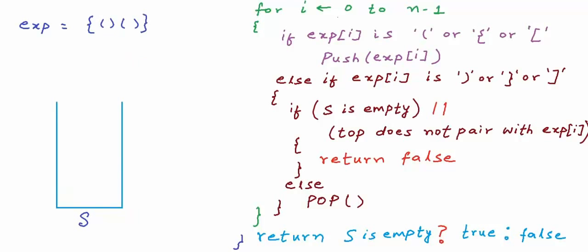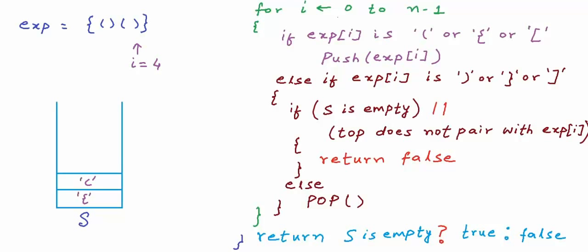Okay, now let's go through this one. First we will have a push. The next one will also be a push. Now next one is a closing parenthesis, which pairs with the top of stack, which is an opening parenthesis. So we will have a pop. We will go to the next character, and this one once again is an opening parenthesis, so there will be a push. Next one is a closing parenthesis, and the top is an opening parenthesis.